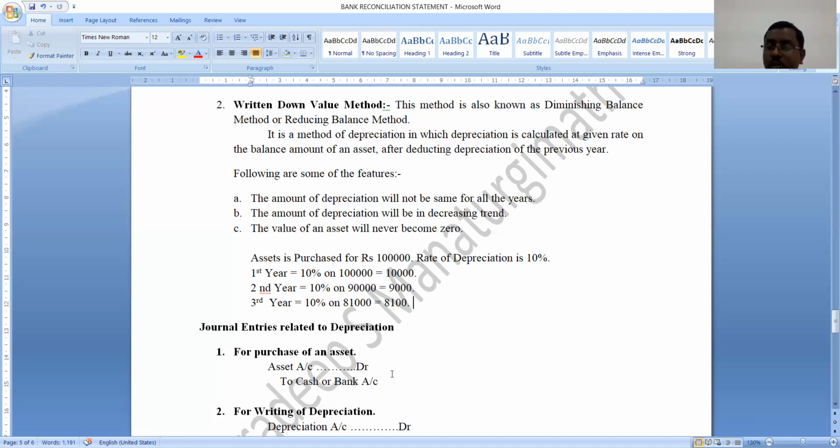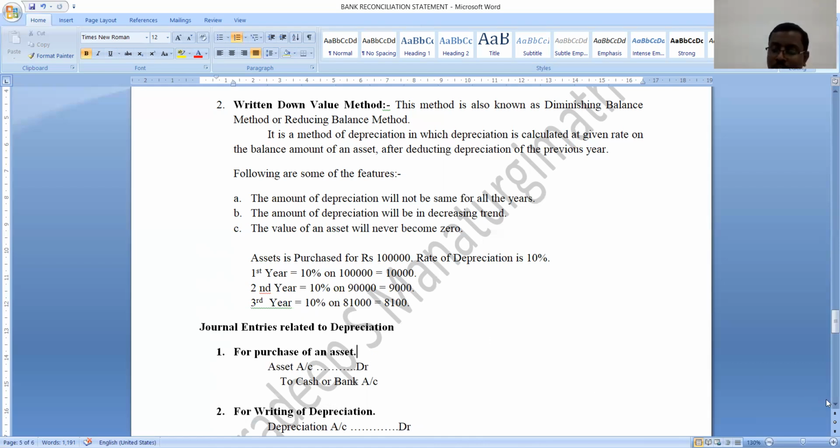That particular balance should be treated as the scrap value of an asset. Understood? Okay. Now, let us discuss the basic journal entries in connection with depreciation. Actually, you just need to keep in mind the first three journal entries in order to solve problems on depreciation.